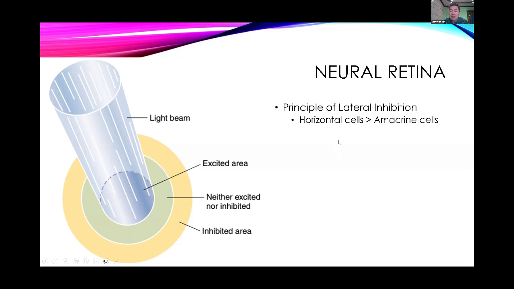So the horizontal cells, amacrine cells, and in fact, if you read textbooks, the bipolar cells also contribute to inhibiting the other cells that should not be stimulated. What's the reason behind this? Because you want that stimulus to reach this part of the retina where you want to be excited. The excitatory neurotransmitter agent is glutamate.